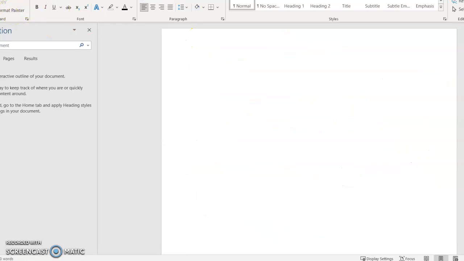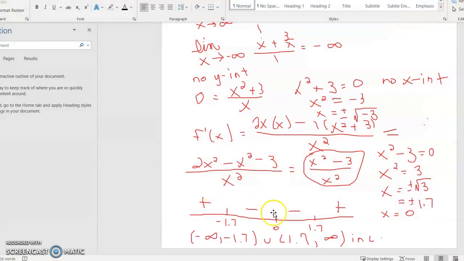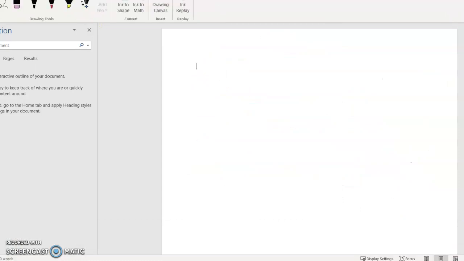And then let's notice, from negative 1.7 to 0, and then from 0 to 1.7, the graph is decreasing. So let me write that down. Negative 1.7 to 0, and from 0 to 1.7, the graph is decreasing.